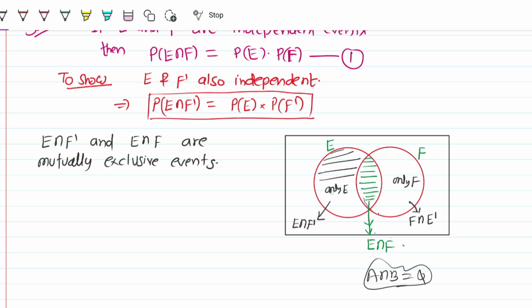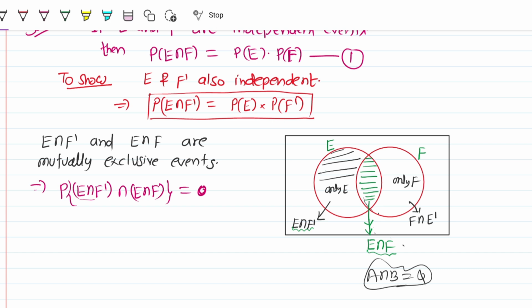And you can see only E, this one, and E intersection F have nothing in common, so they are mutually exclusive events. So it implies that P of E intersection F dash intersection E intersection F will be 0, because they are mutually exclusive events.